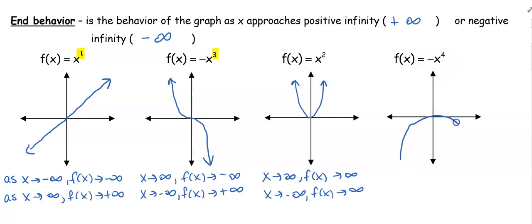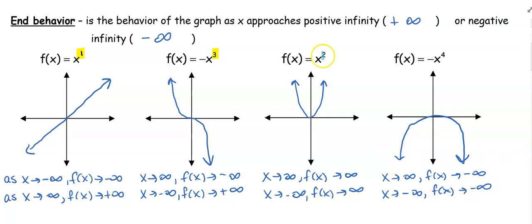If I go to negative x to the fourth, if you graph this in your calculator, it's going to look a little bit weird like this. Negative x to the fourth, as I look to the right, my f of x is going down. My arrow is going down, so my y is approaching negative infinity. As I go to the left, my f of x is also going down.